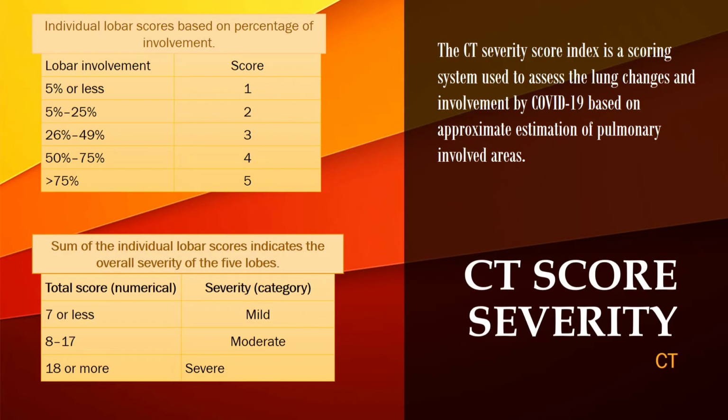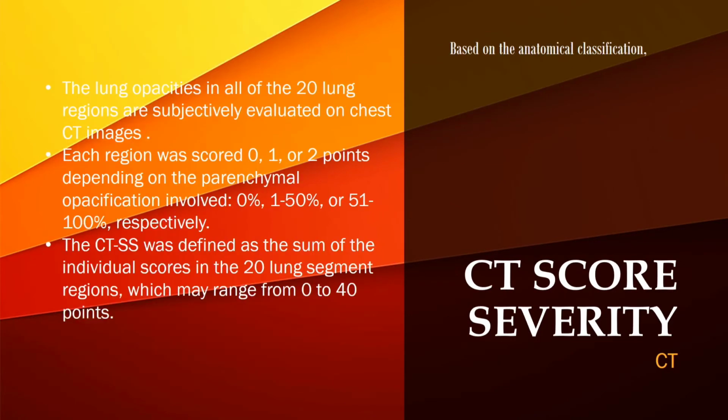The next is lung opacities in all 20 lung regions, which are subjectively evaluated on chest CT images. So this is another type of scoring. Each region was scored 0, 1 or 2 points depending on the parenchymal opacification involved, that is 0%, 1 to 50% or 51 to 100% respectively. The CT score severity was defined as a sum of the individual scores in 20 lung segment regions, which may range from 0 to 40 points.